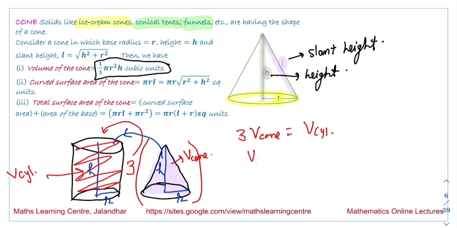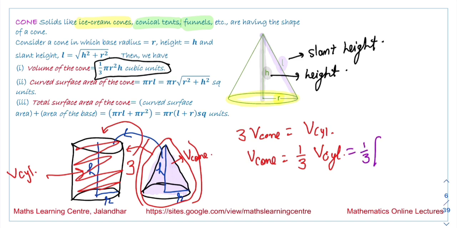So we get that the volume of the cone is equal to 1 by 3 times the volume of the cylinder. We require 3 full cones to fill this cylinder. And the formula for the volume of the cylinder is pi r square h. So the volume of the cone will be 1 by 3 pi r square h.